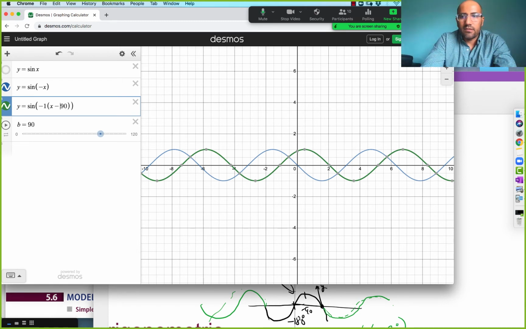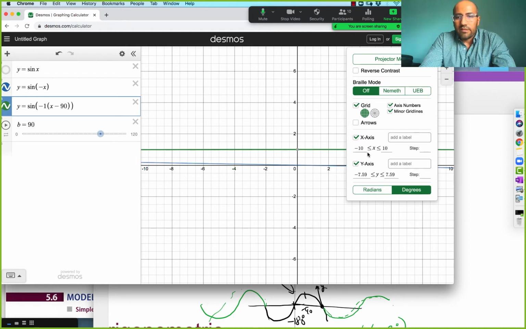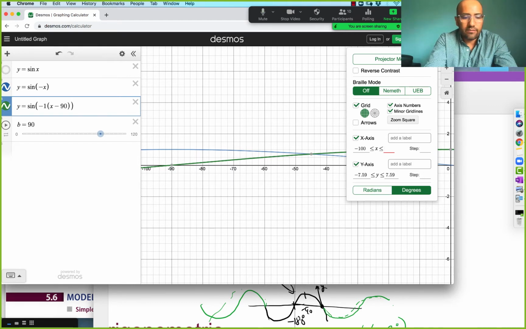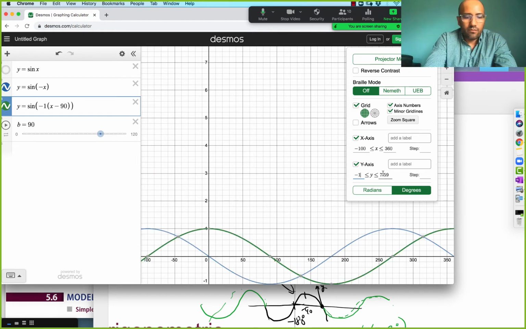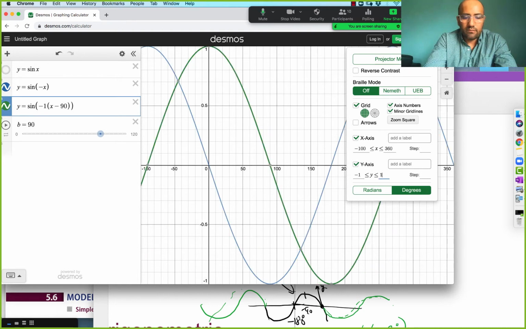Now let's change this to degrees, and then we'll change this whole thing over here. Okay. So the x-axis, let's go from negative 100 degrees to positive 360 degrees, and y from negative 1 to positive 1.